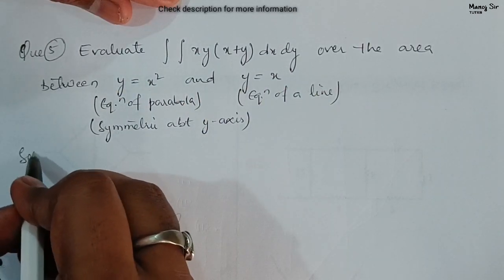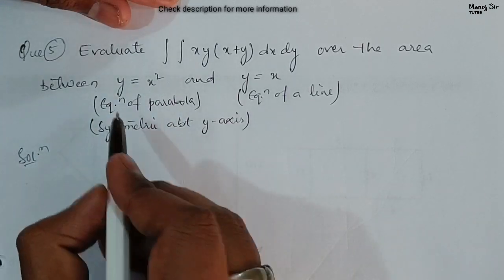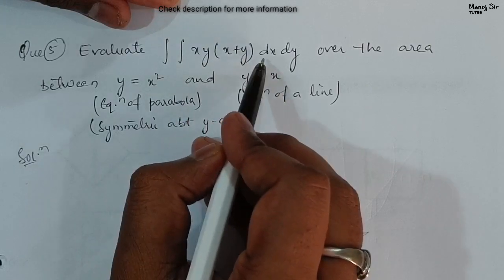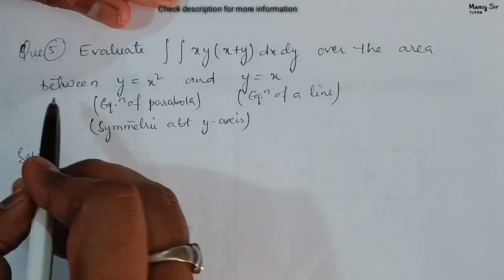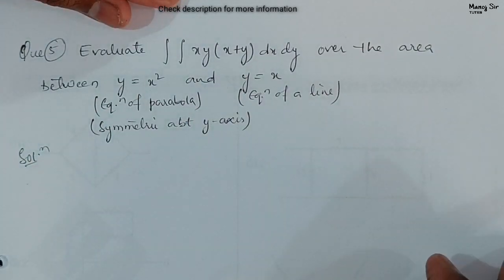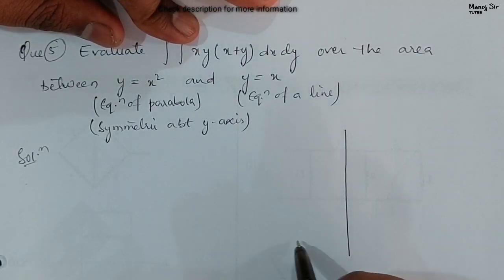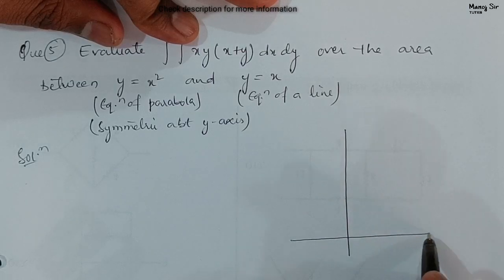So, starting with the question: evaluate this double integral xy(x plus y) dx dy over the area between the parabola and the line. Here we will first draw a parabola, then a line.